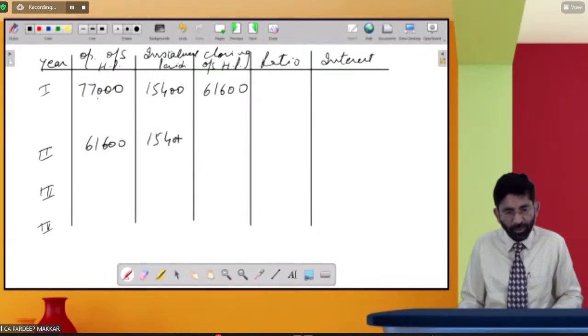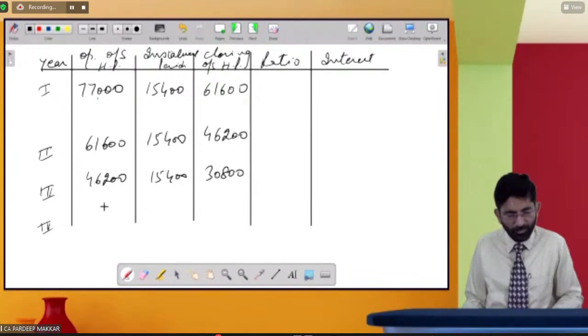15,400 again you have to pay. $46,200 maybe. Just check the calculation fast, beta. $15,400.